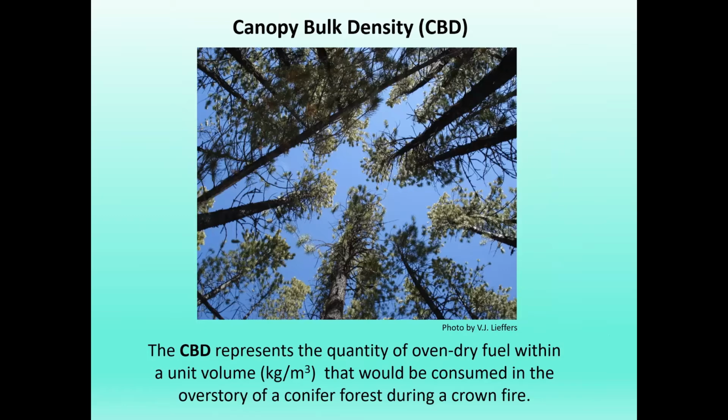A maximum canopy bulk density is typically around 0.6 kilograms per cubic meter, and canopy bulk densities in the boreal forest generally range from 0.05 to 0.25 kilograms per cubic meter.